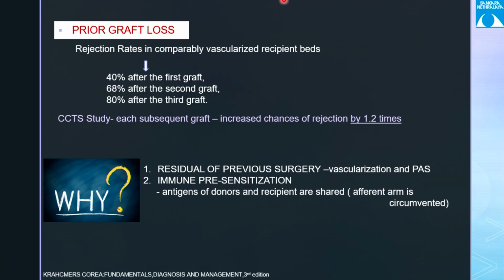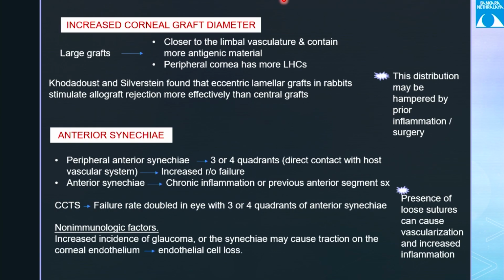So why does it happen? Residual effects of the previous surgery are there, which could be in the form of vascularization or peripheral anterior synechiae, and also immune pre-sensitization is there. So the antigens of the donor and the recipient are shared, and so your afferent arm is circumvented. Increased corneal graft diameter is a risk factor because it is closer to the limbal vasculature and also contains more antigenic material.